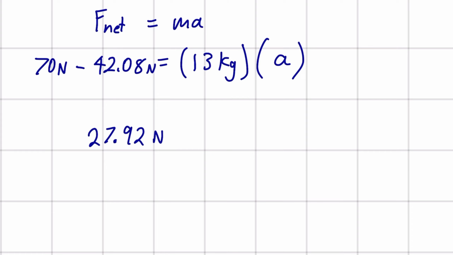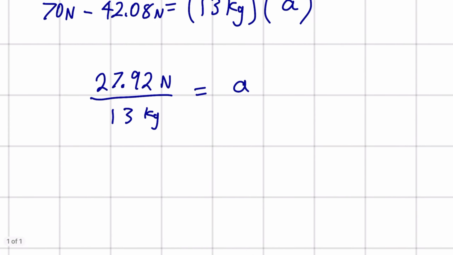So this, in our calculator, we get that over, and I'm bringing this 13 kilograms to the other side as a division, and that leaves us with just our acceleration. So it's equal to a.